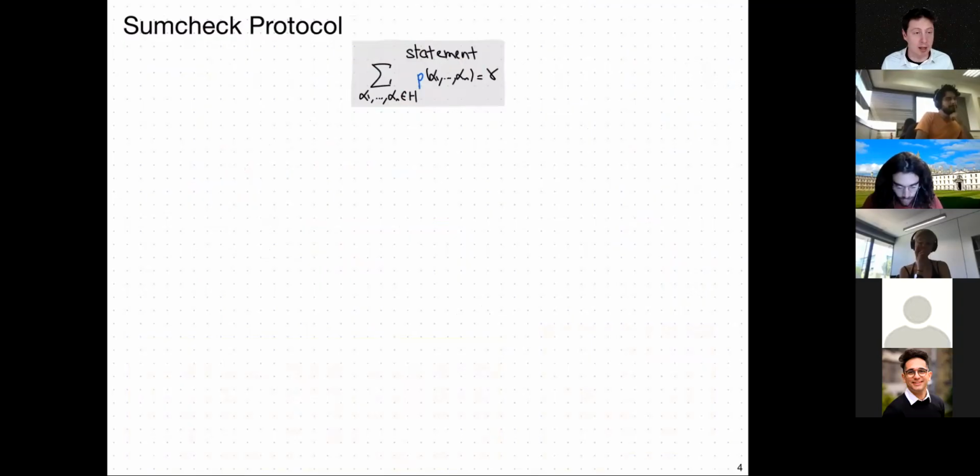Now, in principle, the verifier could just say, well, don't help me, I will check it myself. It evaluates p everywhere on h to the n. But that is a pretty large domain, and it will take the verifier exponential time potentially. Like before, the verifier could have just checked that the formula is not satisfiable on every possible Boolean input, but that wouldn't be efficient.